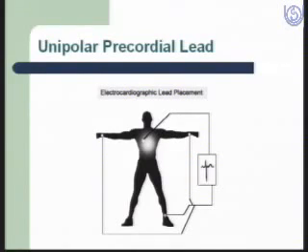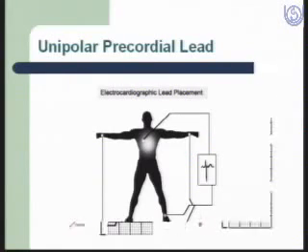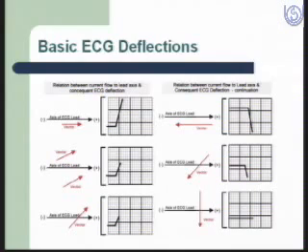So they form a common reference electrode which is taken as 0, and the difference between this and the active electrode placed on the chest gives the unipolar precordial lead potential. So this is the way in which we record the different leads.